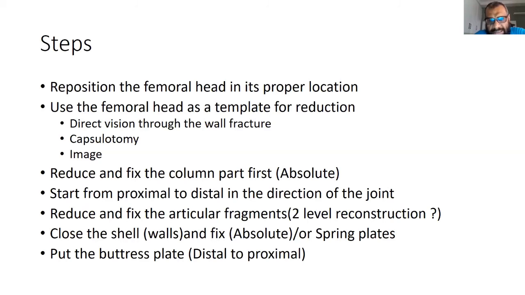You go through this, and then you close the shell, which are the walls, and fix them, ideally with absolute stability if there are simple fractures, or by spring plates, which are the anti-glide plates for the posterior walls, as we'll see in a moment. If the fragments are comminuted, you can't achieve absolute stability, and then you bridge the whole construct with a large buttress plate.